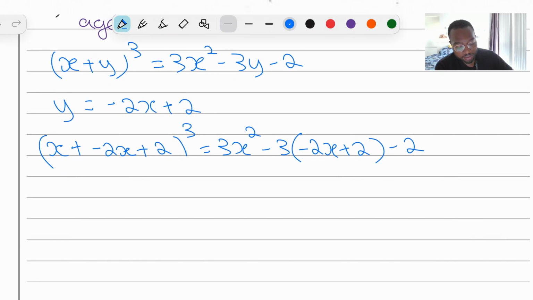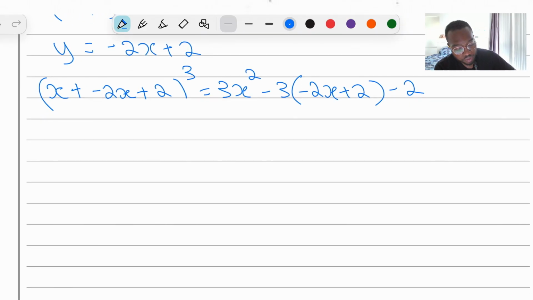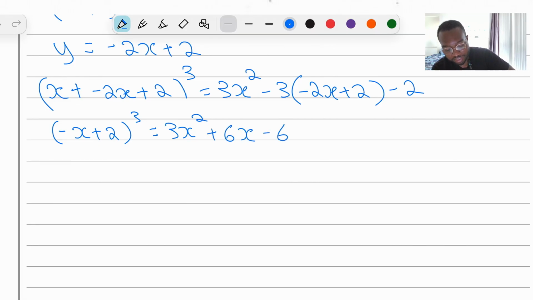So if we do that, this would be minus x plus 2 cubed, and this would equal 3x squared plus 6x minus 6 minus 2, okay? Now, if we expand the brackets out, let's do minus x plus 2 squared first.